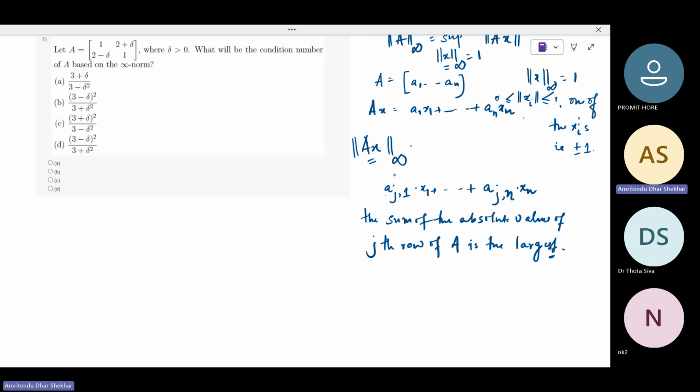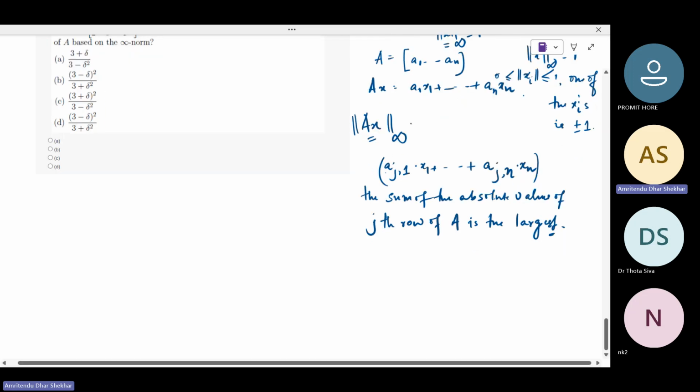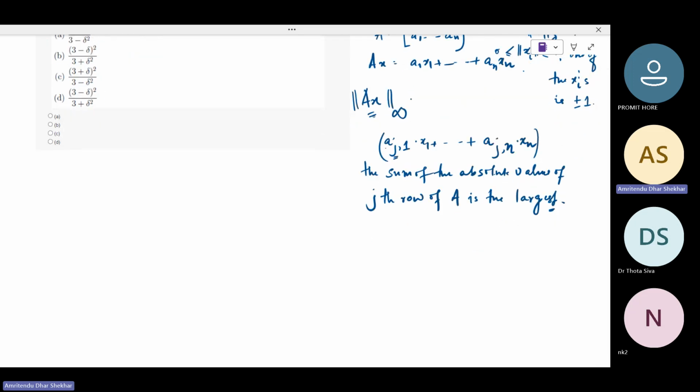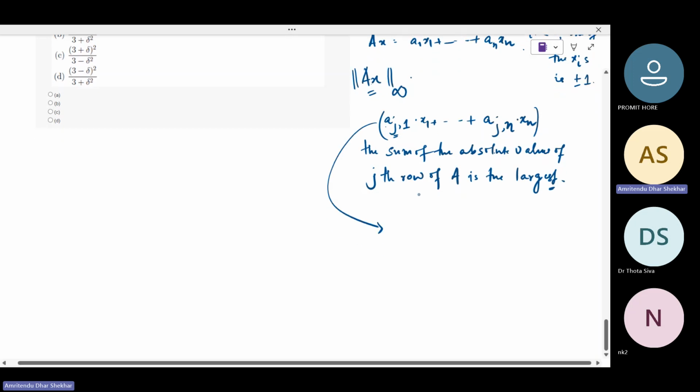So essentially, this is the jth coordinate of this matrix vector product, and if you look at the ith row, the ith coordinate would be this.